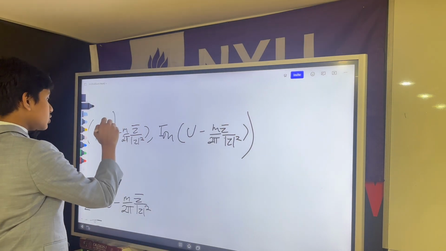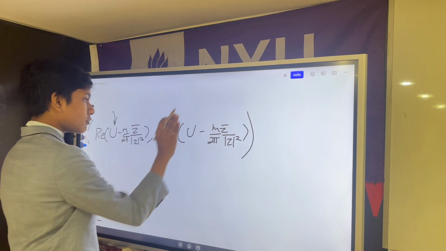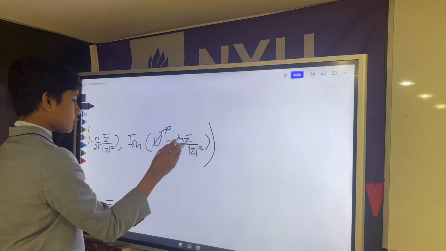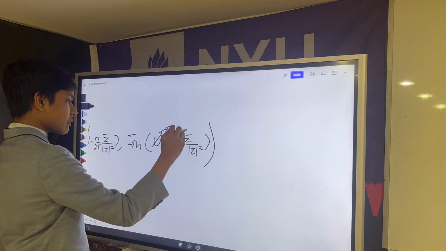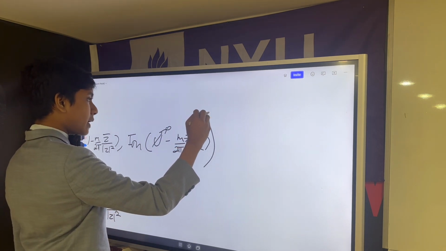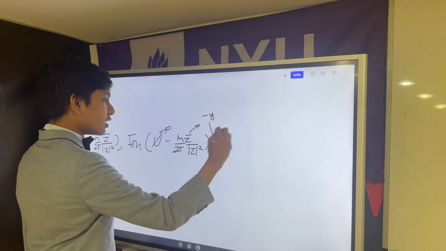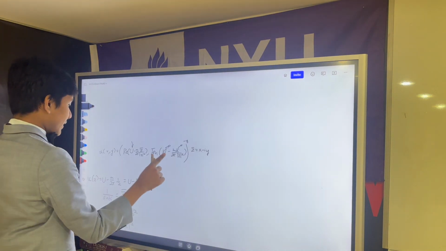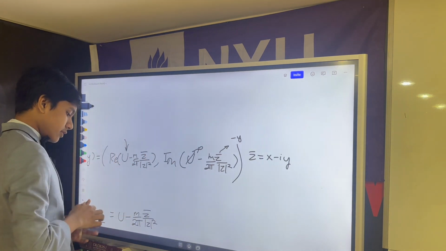Okay, now u is totally real, so its imaginary part is 0. And what's this going to be? Well, the imaginary part of z conjugate is just minus y, since z conjugate is x minus iy.